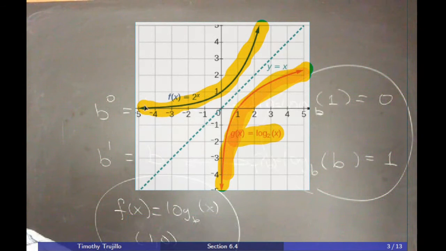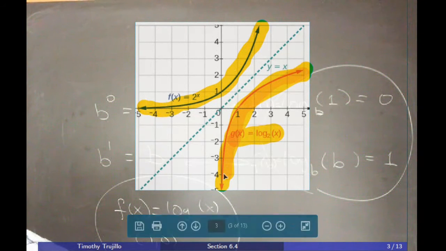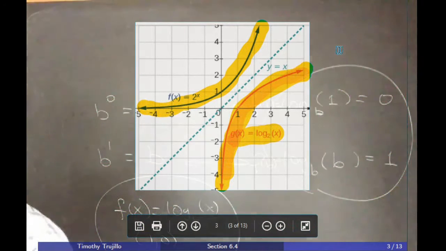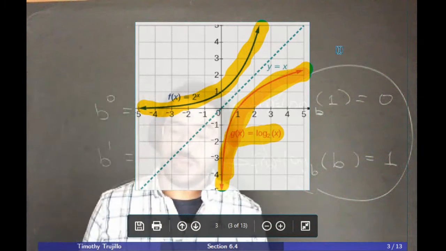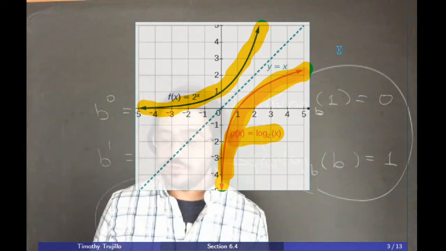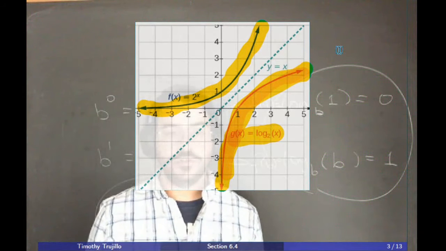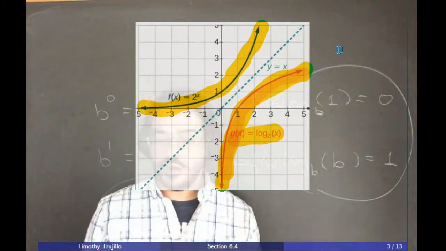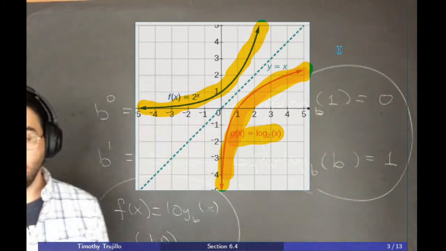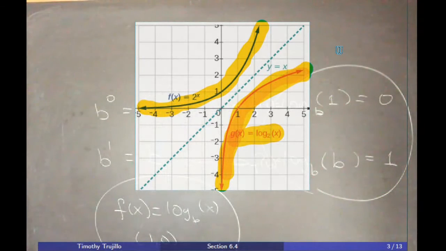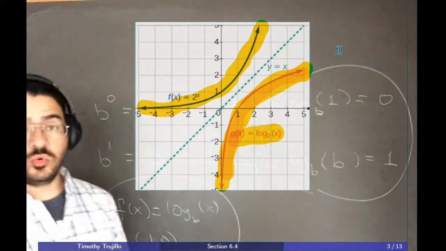The range of the exponential function is 0 to infinity, the positive numbers. So the domain of a logarithmic function is just the positive numbers. You'll notice that this graph in orange doesn't appear anywhere on the left side of the y-axis. You cannot plug in a negative number into a logarithm.